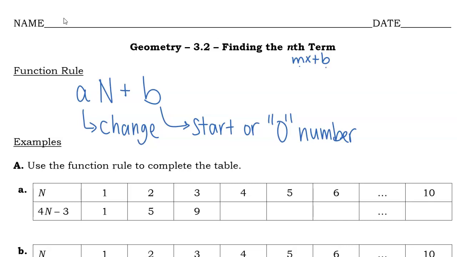Okay? Let's try writing a couple. We're going to use the function rule that's already given to us to complete the table. So the first one here, example A, the function rule is given as 4n minus 3. What that tells us is that we are changing by adding 4, adding 4, adding 4.